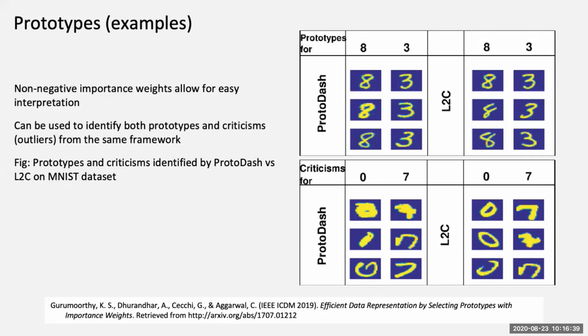So one is the Prithwish, and it contrasts with the L2C, which is another similar kind of prototype-based algorithm. And we can see here for the representative samples, they look much closer to the original digits in terms of Prithwish than the L2C.